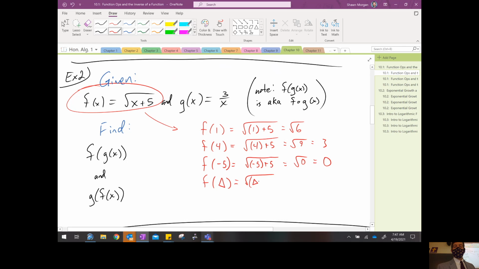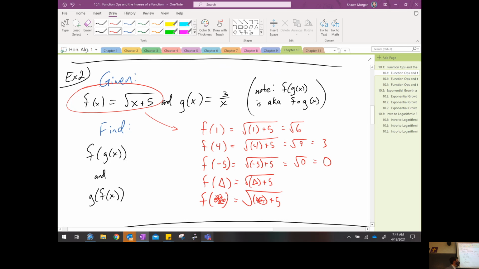Very good. Square root of triangle plus 5. I don't know what to do with that, so I'll just stop right there. What's f of spaghetti and meatballs? Yeah, delicious. That's the square root of spaghetti and meatballs plus 5.